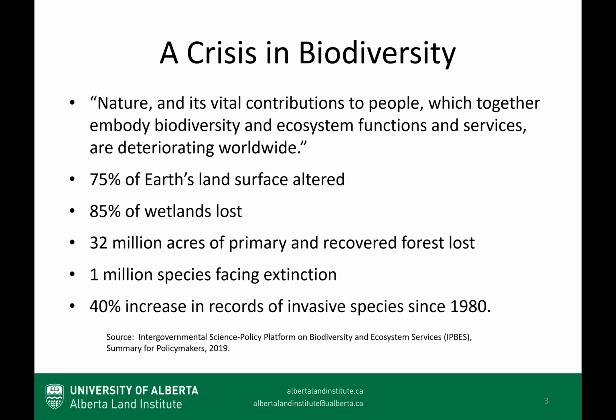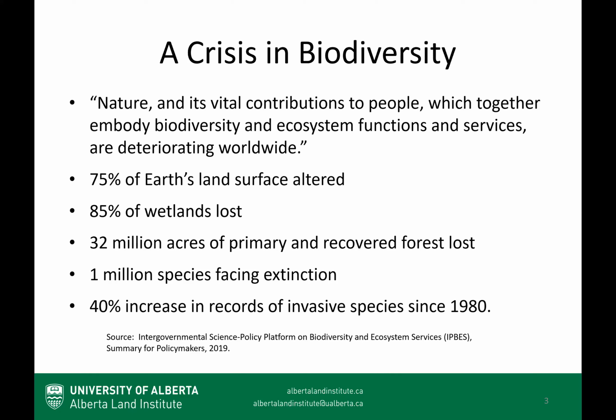Last year we had a report from the Intergovernmental Science Policy Platform on Biodiversity and Ecosystem Services, the IPBES, under the auspices of the UN, on the current state of biodiversity globally and trends that we've observed over the past years and decades. And that report makes for some very, very grim reading indeed.